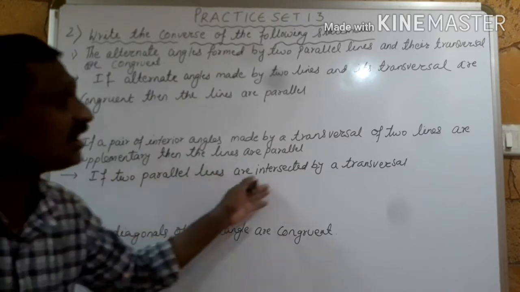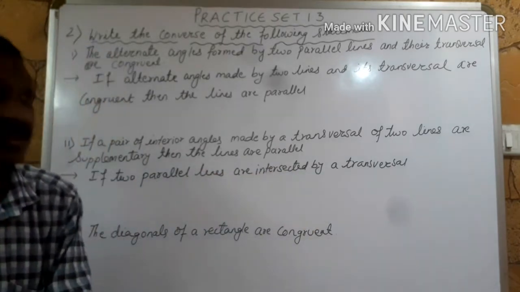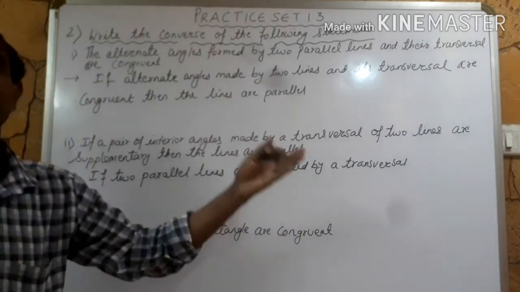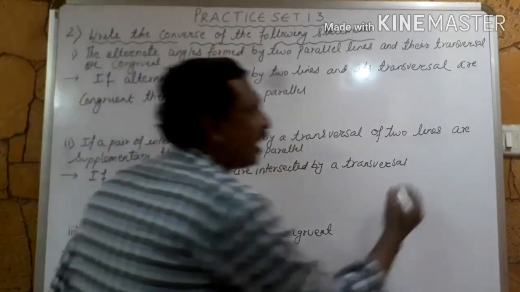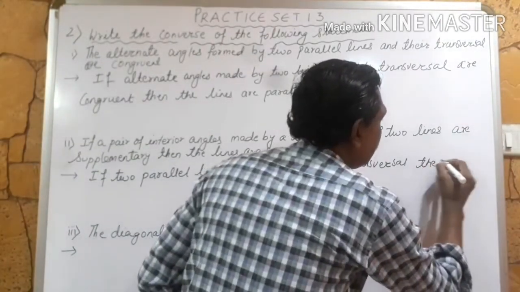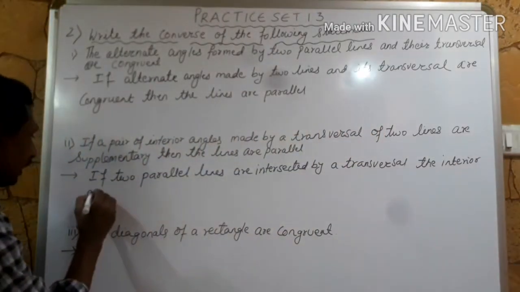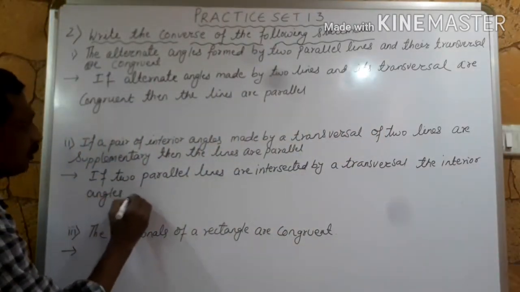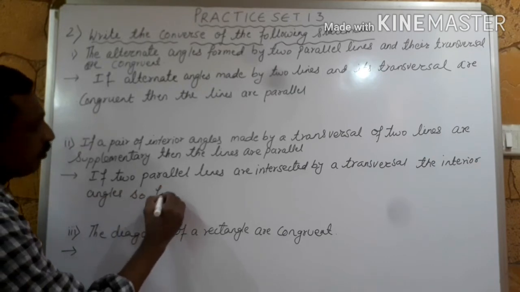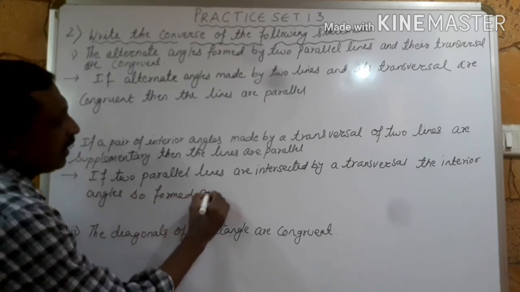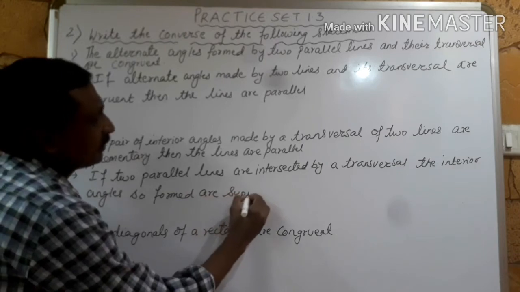If two parallel lines are intersected by a transversal, the interior angles so formed are supplementary.